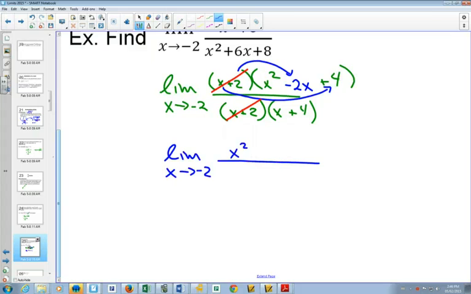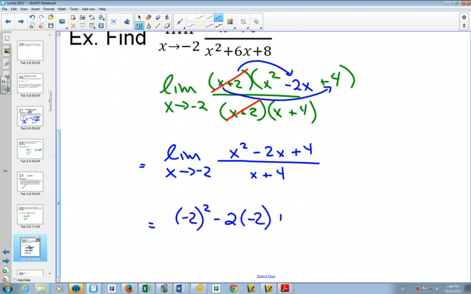If I'm just writing out the simplified form, I still need to write limit as x goes to -2 in front. But then as soon as I decide that I'm going to plug in that value to evaluate the limit, then I no longer need to write that limit in front, because I have evaluated it.